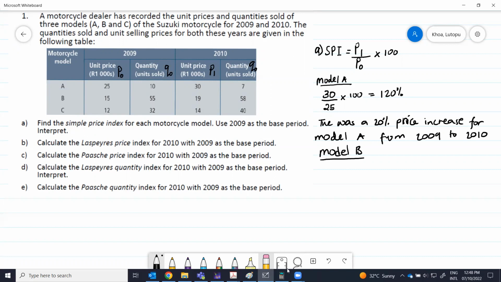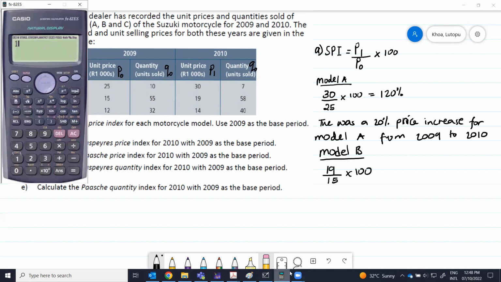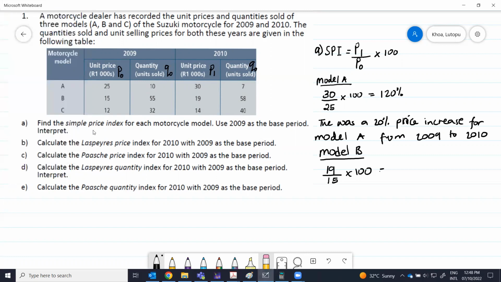Okay, we do the same thing for model B. Our current price is 19. Our base year price is 15. Then multiply by 100. This is 126.667 to 3 decimal places.